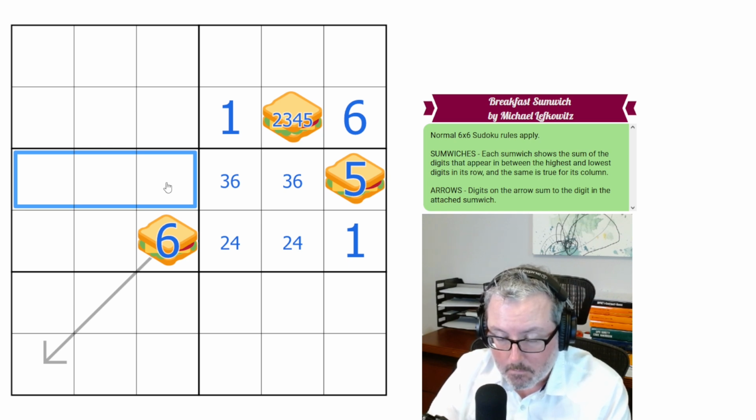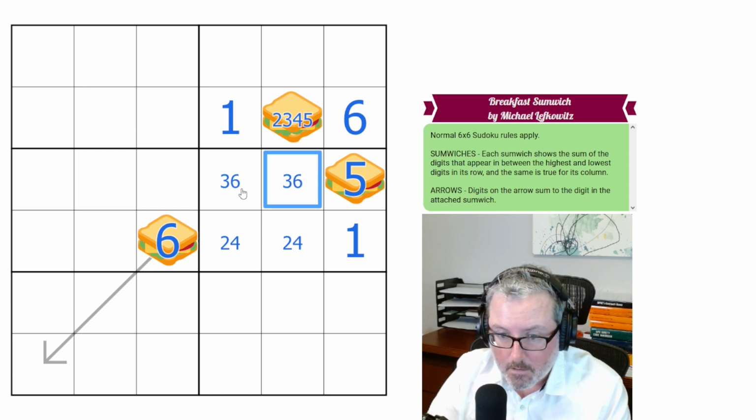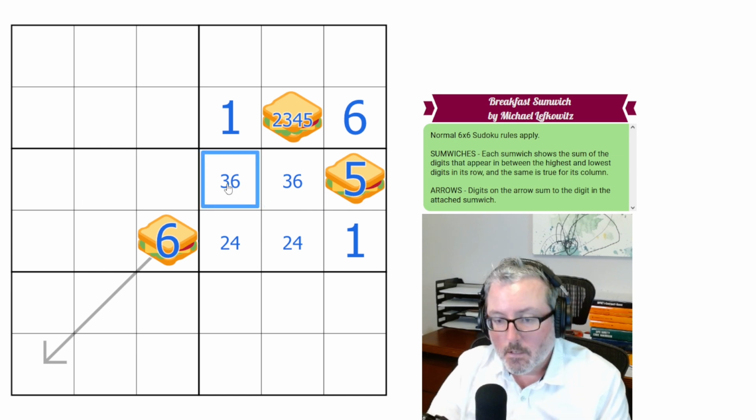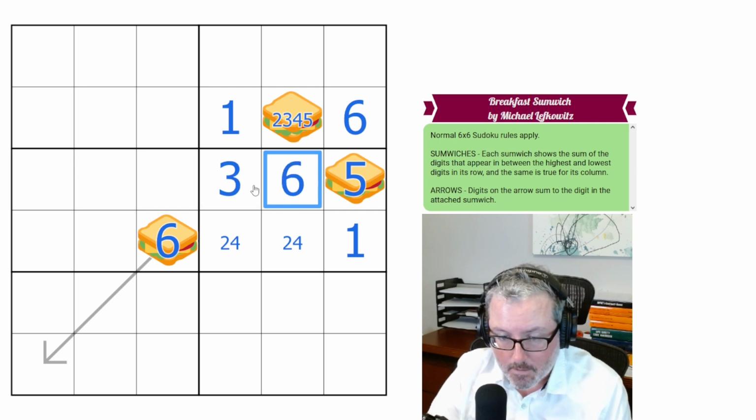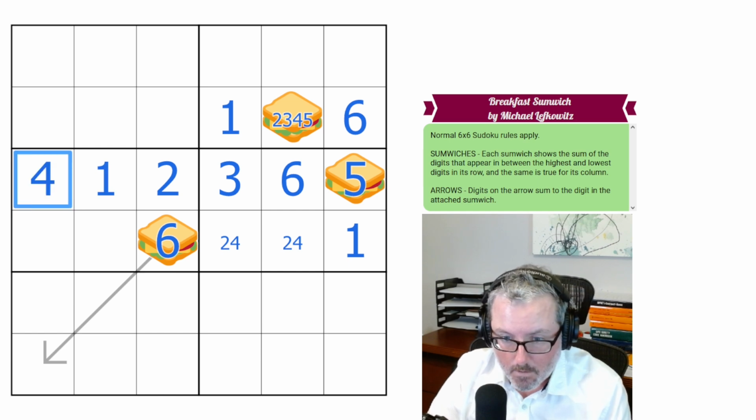Now, the only way to equal 5 would be to have the 6 with a 3, 2 in between the 1. So if this was the 6, this doesn't work anymore. So this has to be the 3, this has to be the 6. Now this has to be a 2 to equal 5, and that has to be 1, and this has to be 4. Okay.